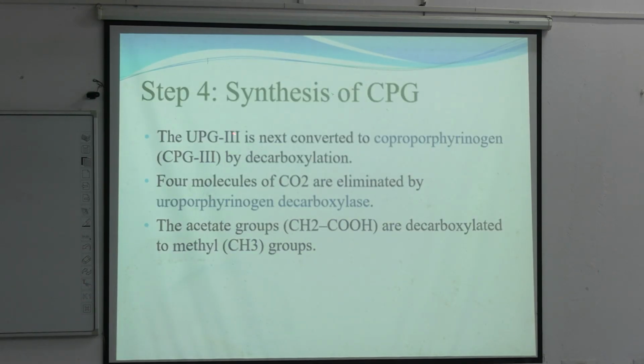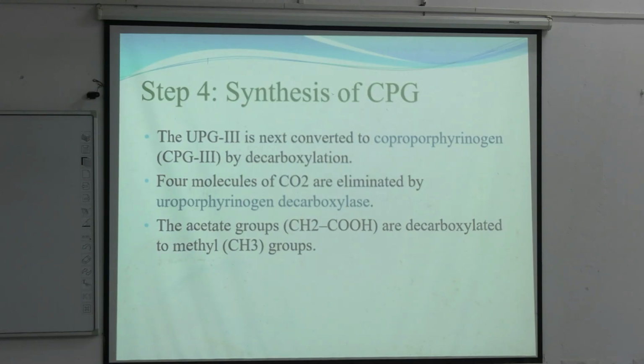Next, from UPG3, synthesis of coproporphyrinogen 3 will be done, and it is mediated by the enzyme uroporphyrinogen decarboxylase. From decarboxylase we can say there will be removal of carbon dioxide.